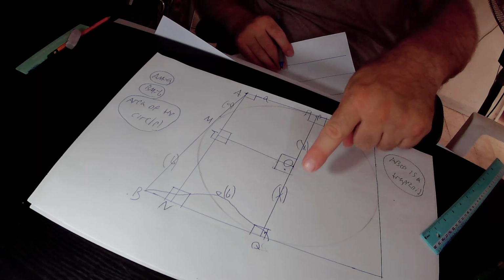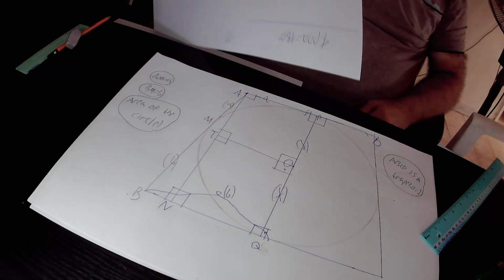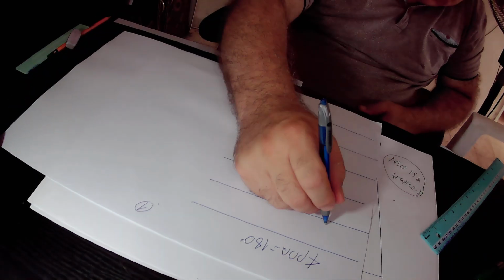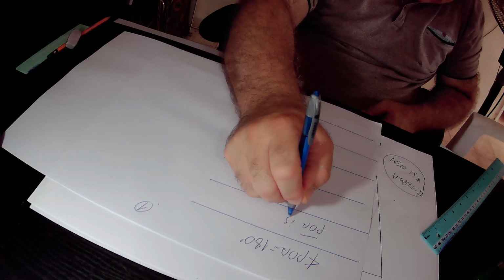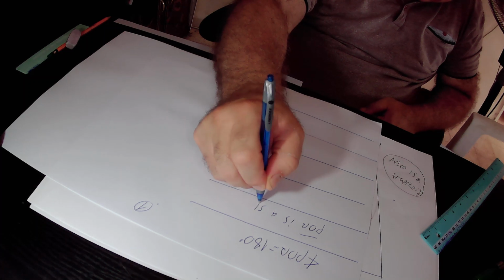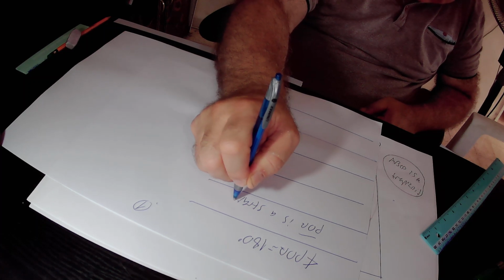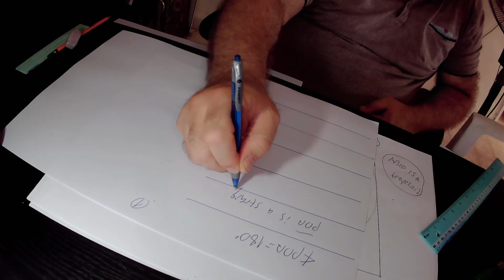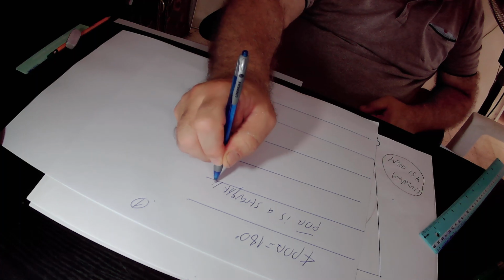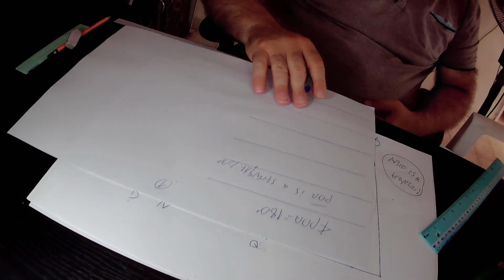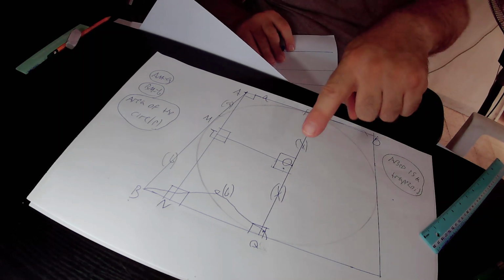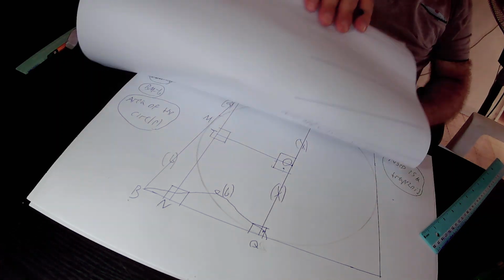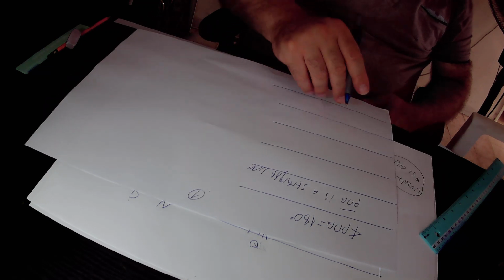Therefore, line segment POQ is a straight line. If line segment POQ is a straight line, then PQ is also a straight line.